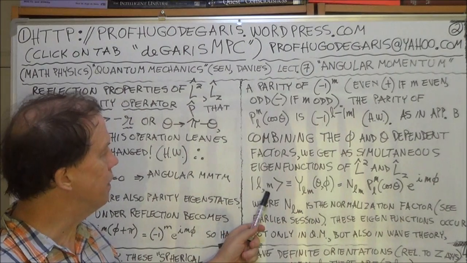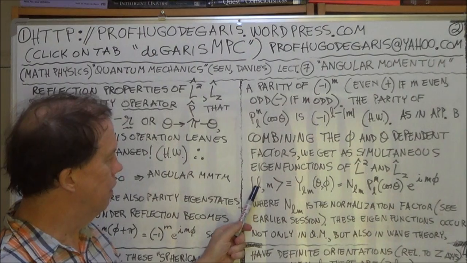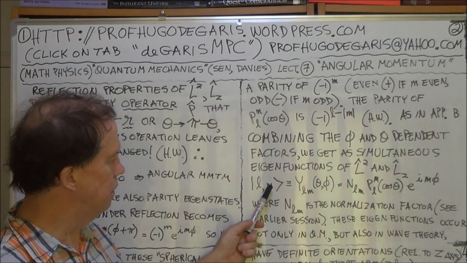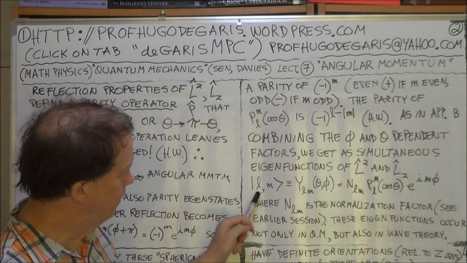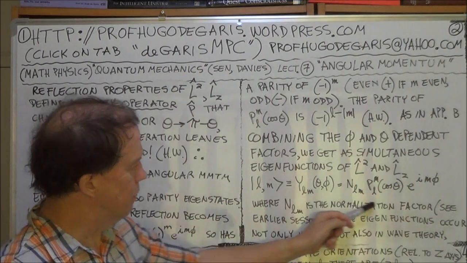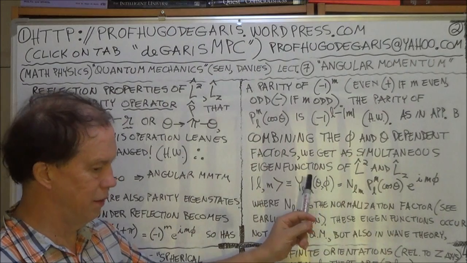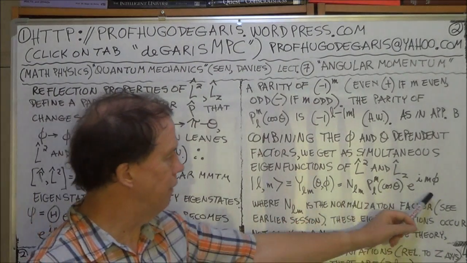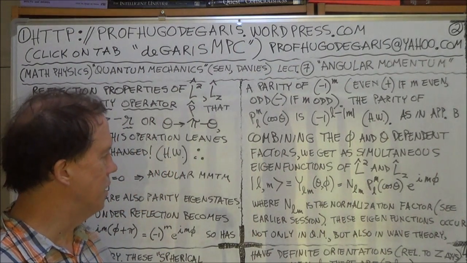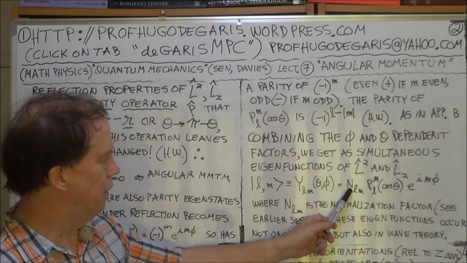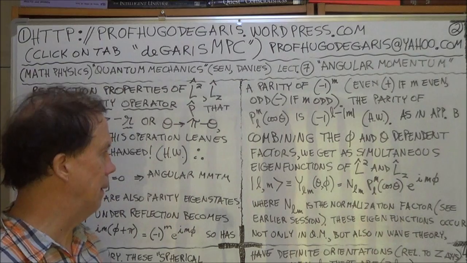So the eigenstates of the two angular momentum operators with a given eigenvalue L and a given eigenvalue M you can write as a ket in the Dirac notation this way, or as a spherical harmonic. So there are three ways of writing it, and you can solve for the normalization factor, just a number.